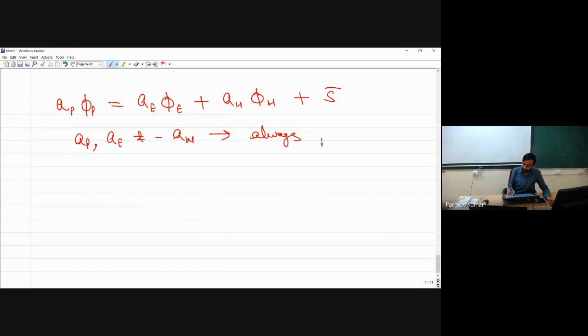So these are becoming always positive, and this term S bar over here is nothing but it is including all negative coefficients.